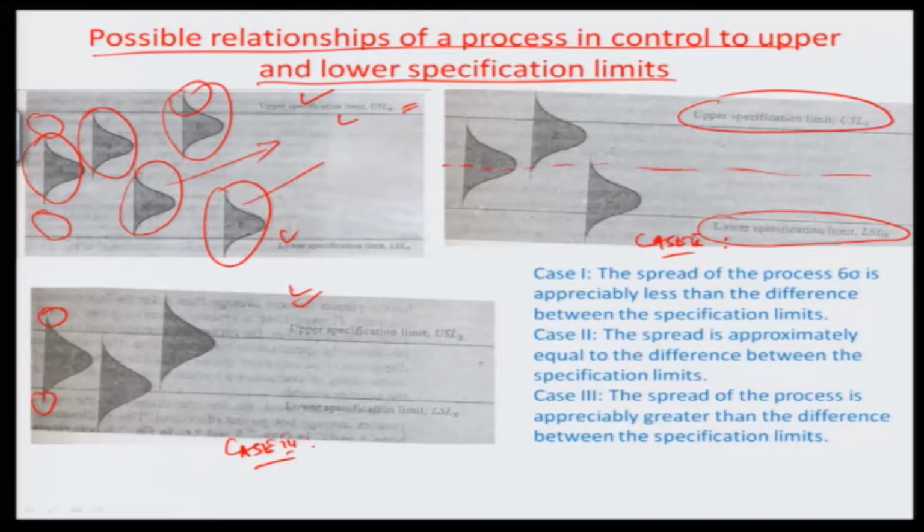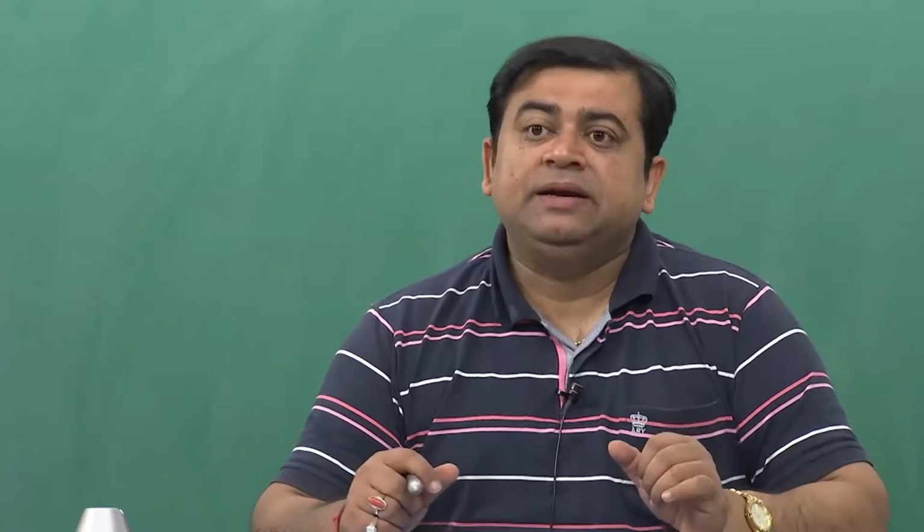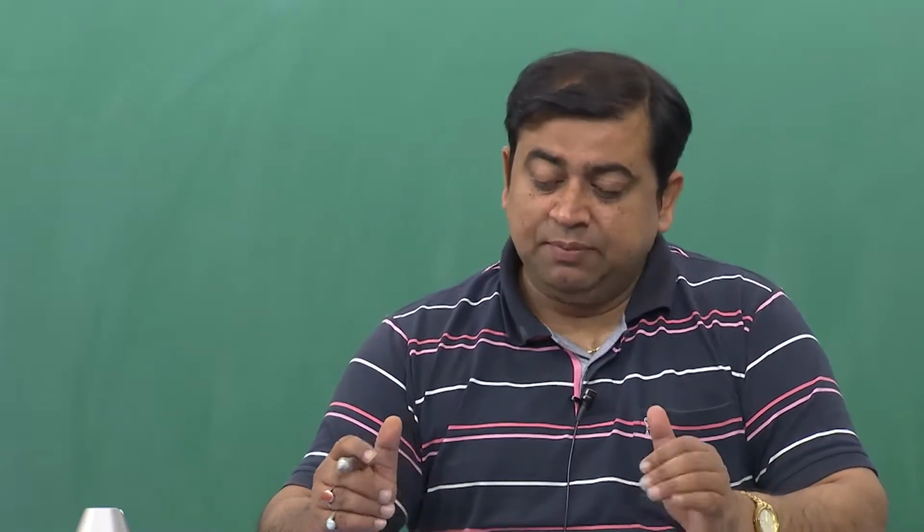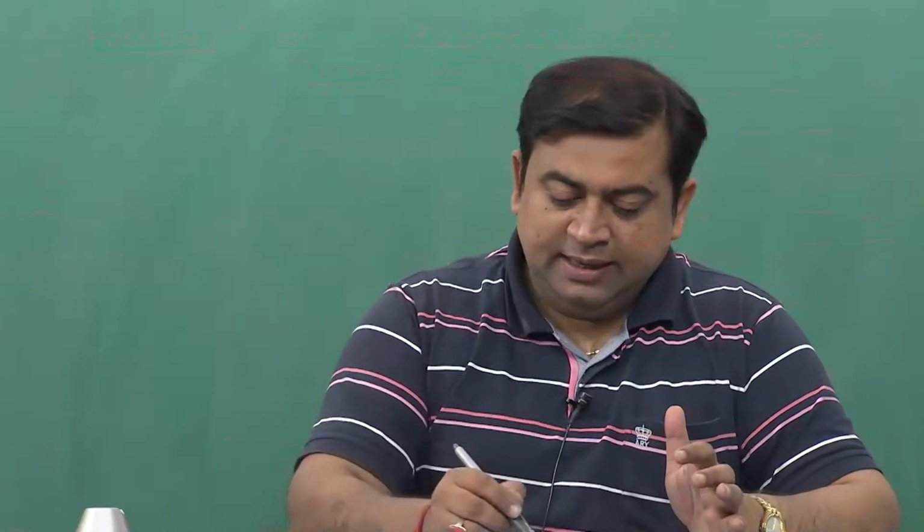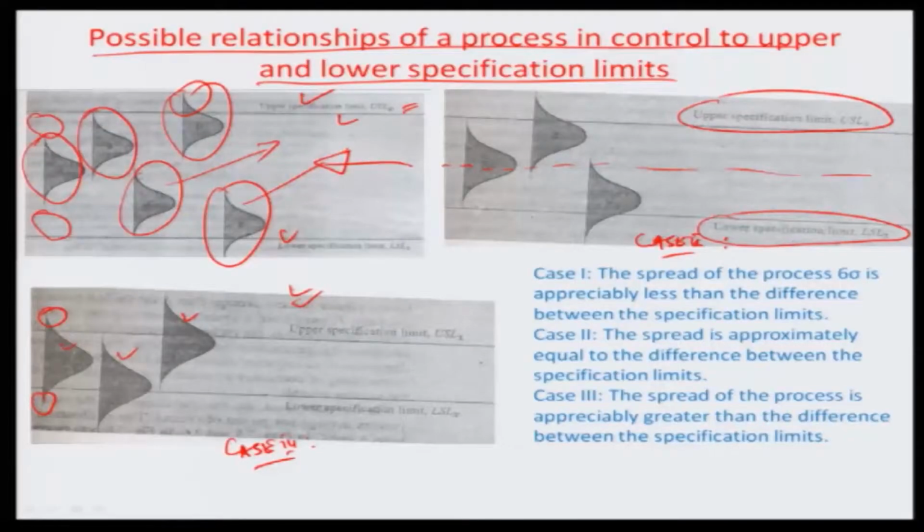So, these kinds of linkages between the specification limits in the design specifications and the process control would enable you to analyze the process capability of a machine. If the process is really capable of producing a specification, you typically have the case 1 type of condition, and case 2 and case 3 would not emerge.